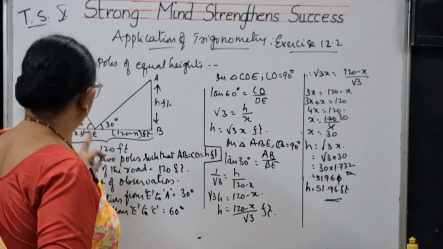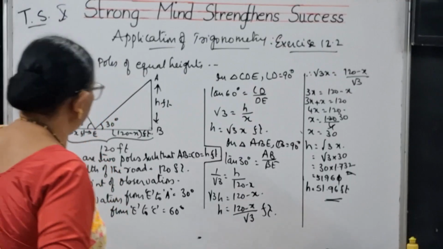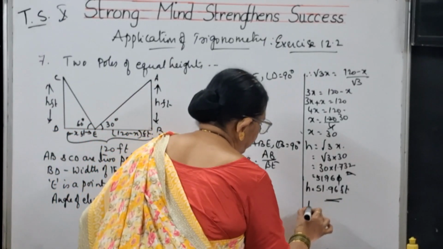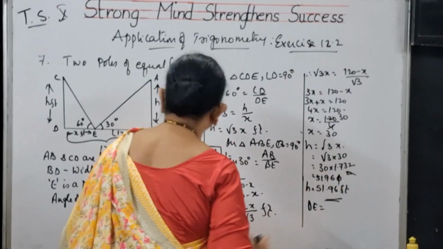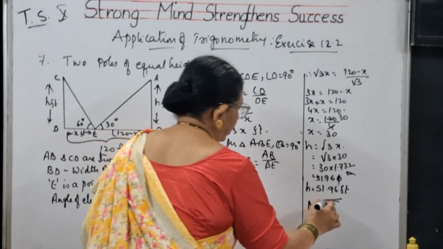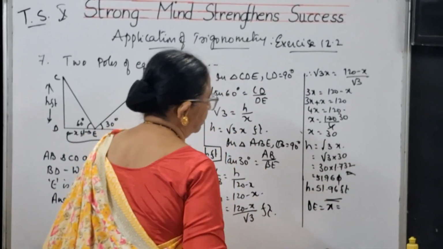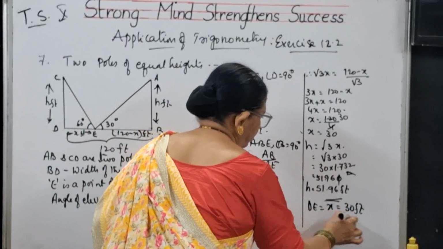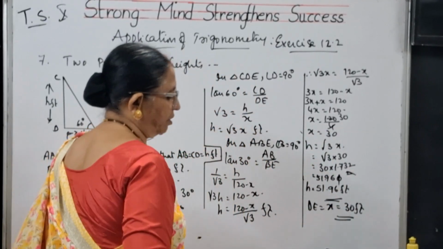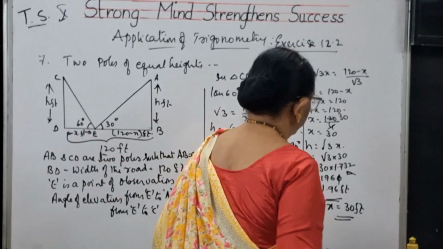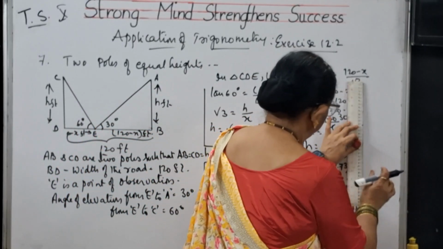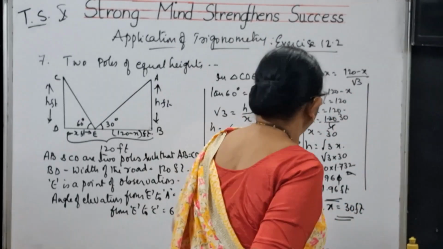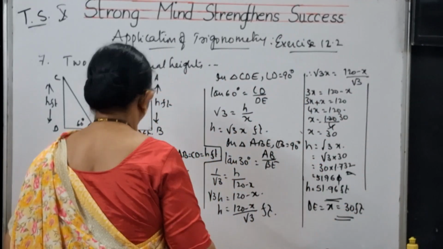Okay. Now we want to find out DE and BE. Now DE is equal to how much, children? DE is x, that is equal to 30 feet. So we got DE as 30 feet. Now you want the other part, that is BE.